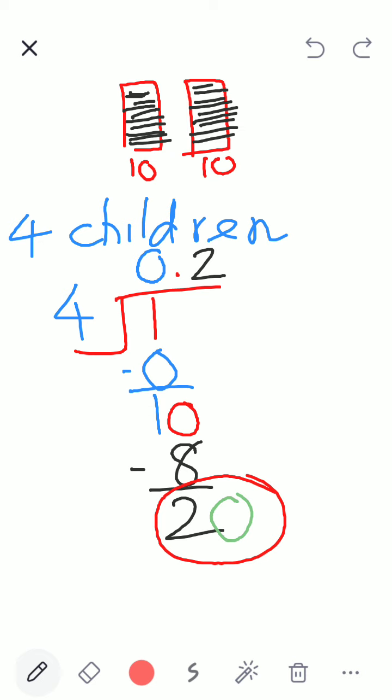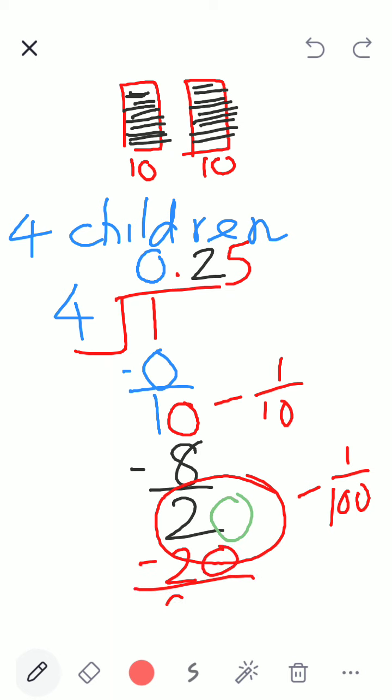So this becomes the hundredth place, and this became the one-tenth place. So now I can give each child 5 pieces. 4 fives are 20. Now no pieces remaining. So this became the one-tenth place and this became the hundredth place.